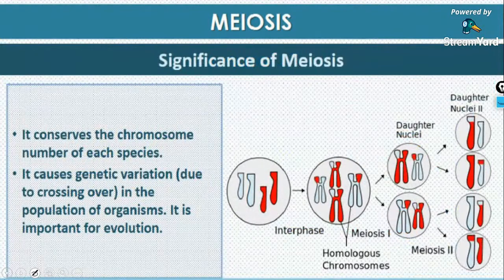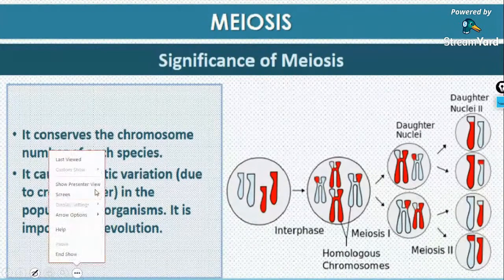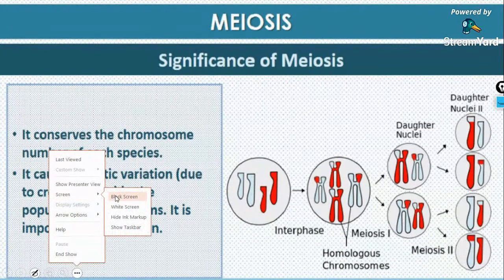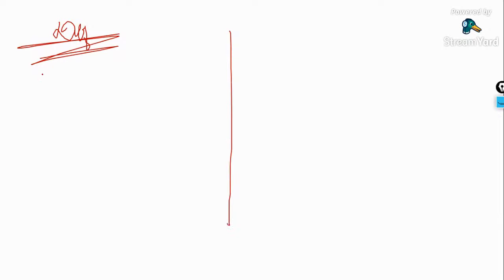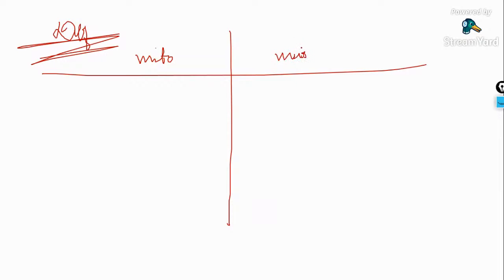Okay, so before moving on to the significance, we must mark certain differences between mitosis and meiosis 2. The first point of difference is that this is mitosis, this is meiosis 2.